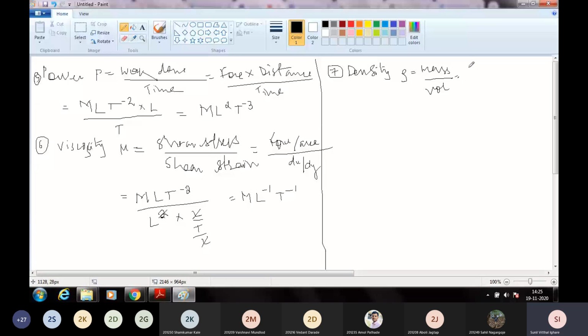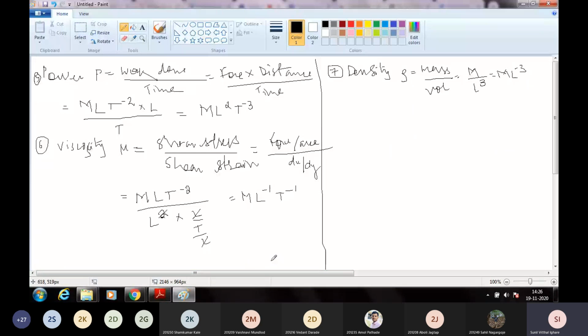So mass we are writing M, and volume means length into length into length, means L cube. So if I have to write that in dimensional terms, M into L raised to minus 3, like this. So this is the way to write the fundamental terms.